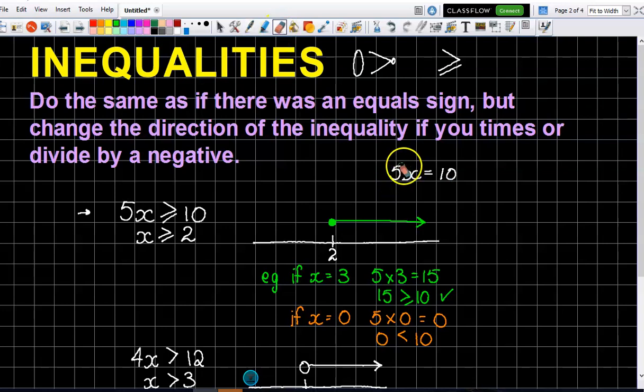Well, none of that changes when you've got an inequality. Okay? 5 times x is greater than or equal to 10. What value of x could that be? Well, all we're saying is that we could have multiple values for x, not just one. When it's 5x equals 10, one solution. Now, we could have multiple.